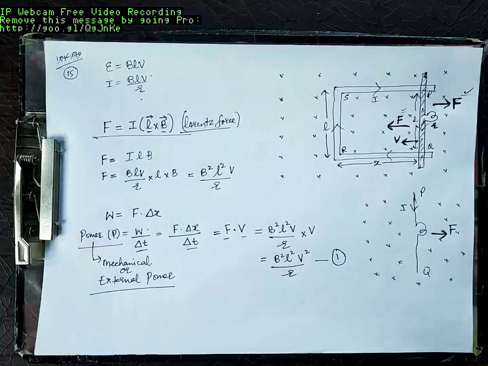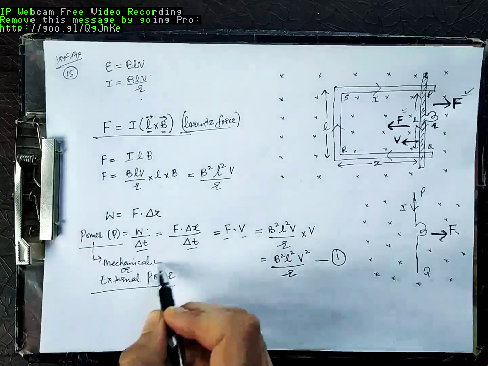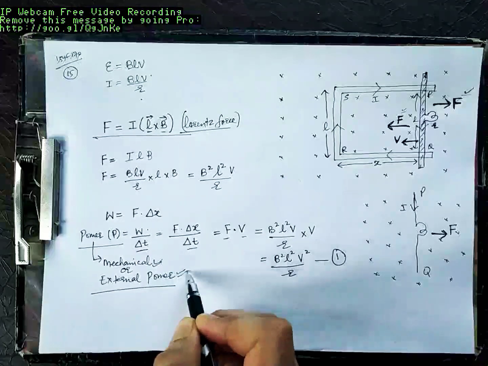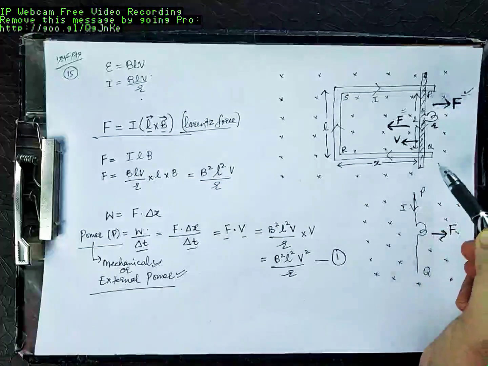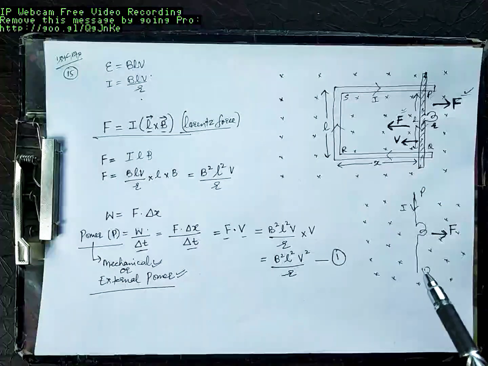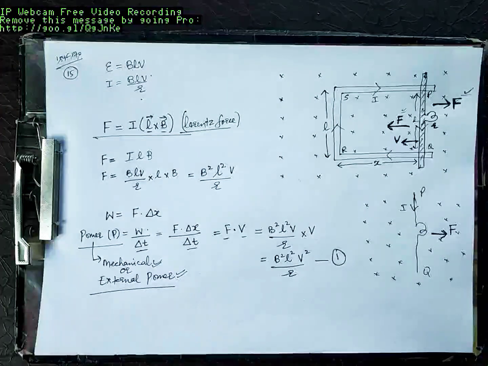But where does this power go? Does it get destroyed? No. My answer is the power, or the mechanical power, that you are spending to move this conductor PQ towards left with velocity v is being converted into electrical power.